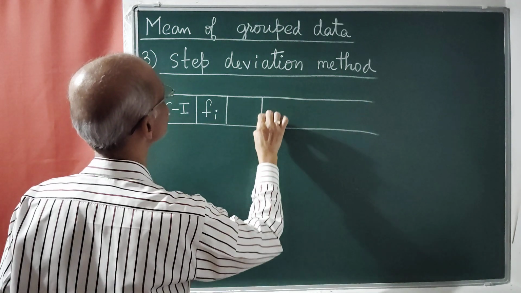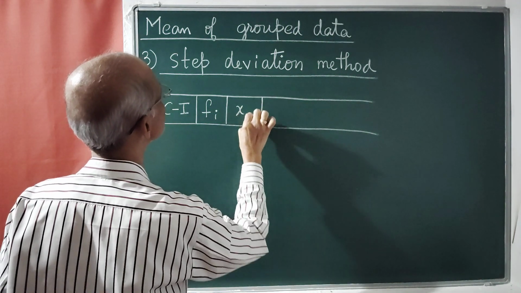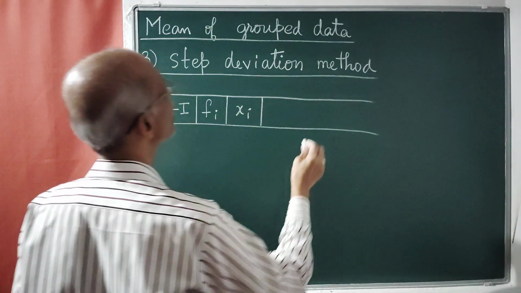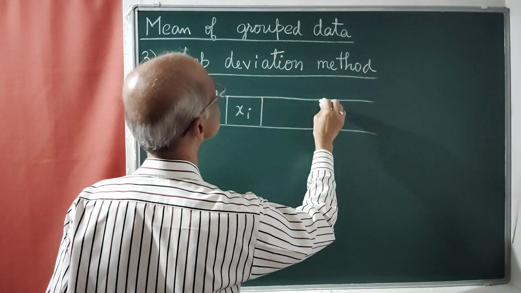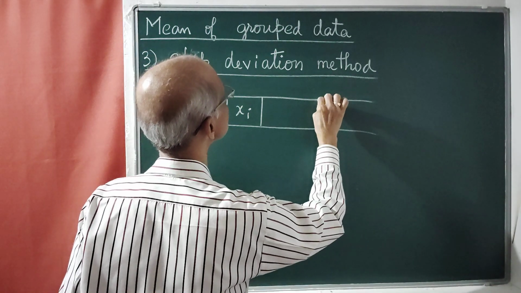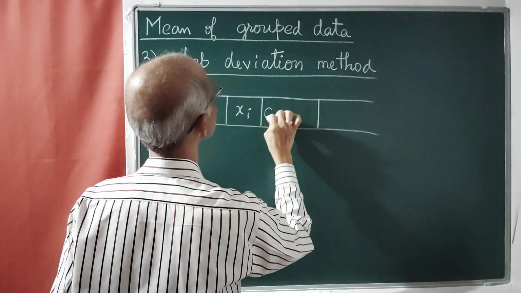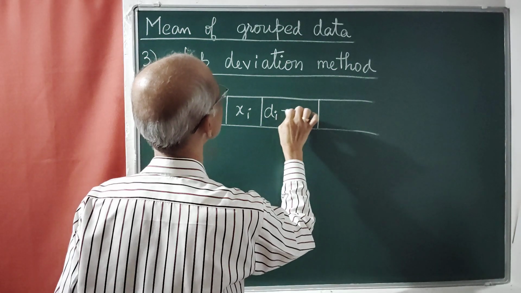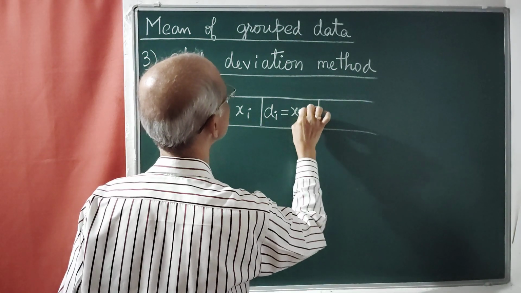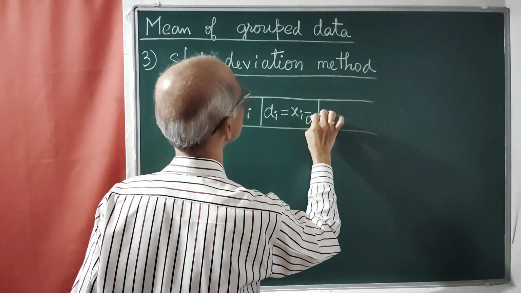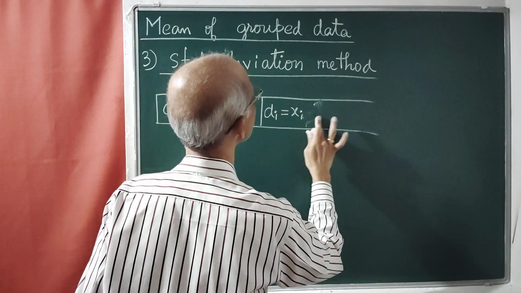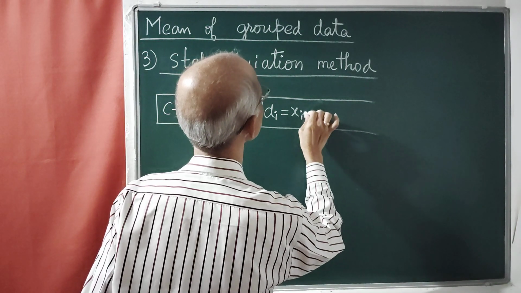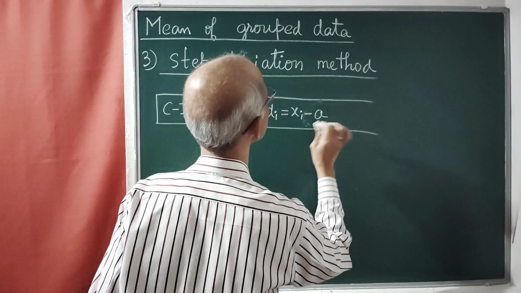Next you have to find out the values of xi's. Then you have to find the value of di. So di is equal to xi minus a.